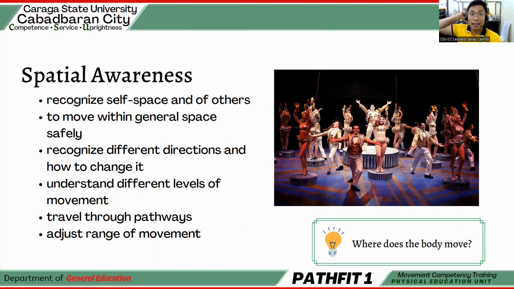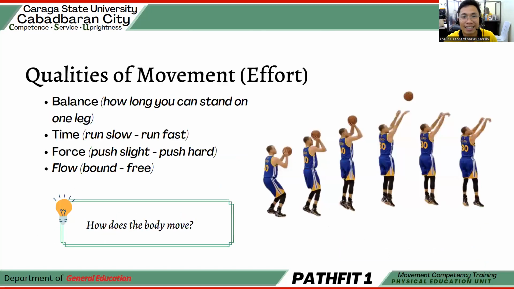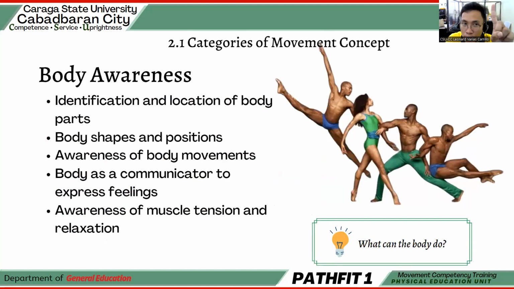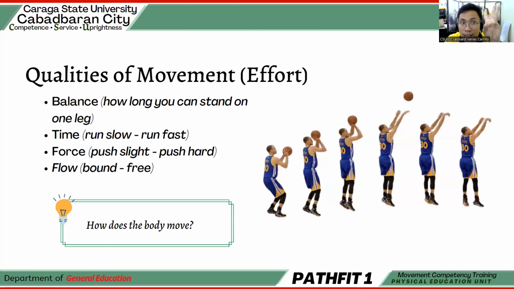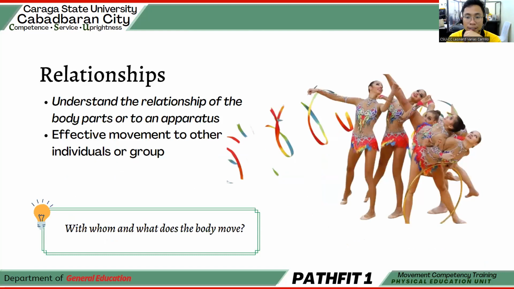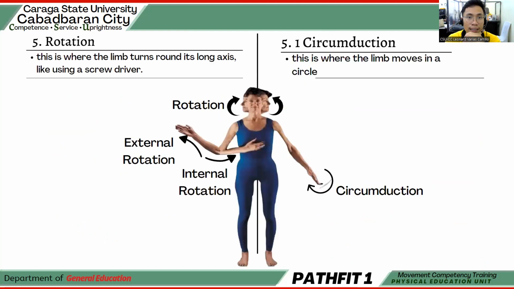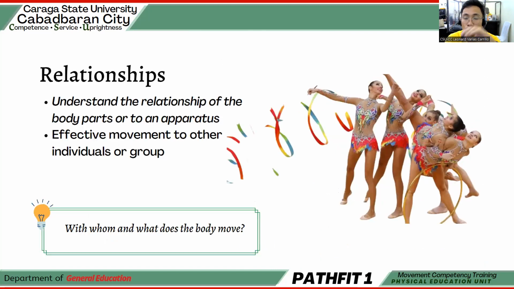Kanang gagunit sa mga PC, that is your apparatus. You should have a relationship with the PC. And at the same time, spatial awareness. Eh kung dili ka aware sa imong spatial awareness, na tendency nga mahulog ka sa laing tao. So again, we have body awareness, spatial awareness, qualities of movement, and relationships. Okay? Next is humana. So don't forget to comment your answers down below.